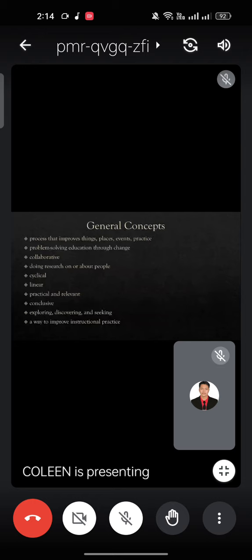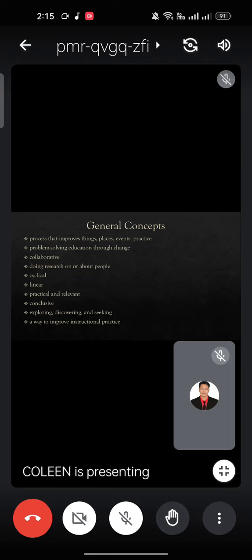An action research is a process that improves things, places, events, or practice. First, things. There are many observations that you can make when you visit Arellano University. What do you think are the things that have to be improved?